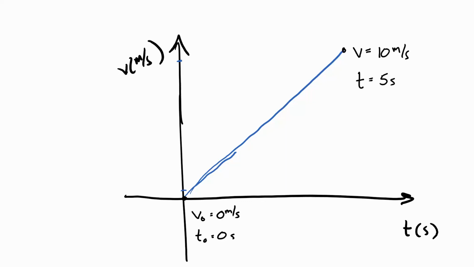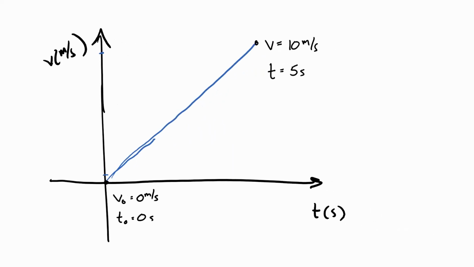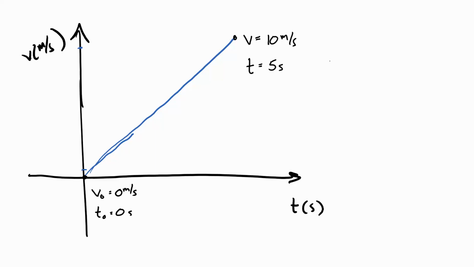I could then ask, what is the acceleration? What is the rate of change of velocity? So acceleration would be delta v over delta t, just like velocity was delta x over delta t, the rate of change of position.